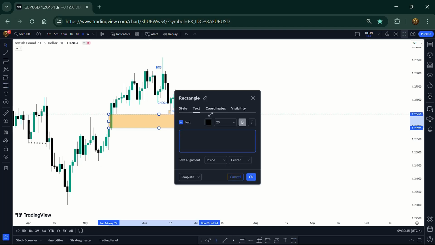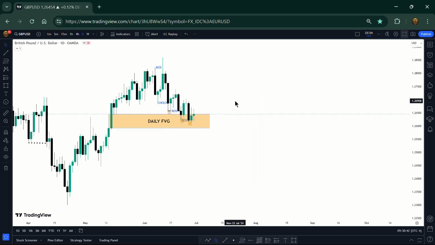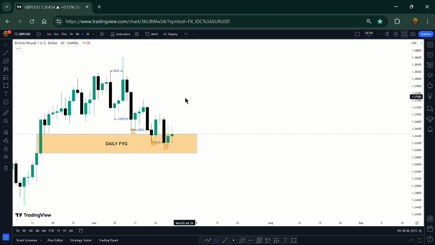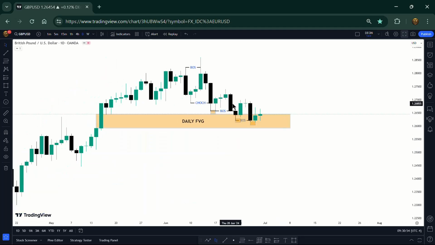Daily fair value gap. On your analysis time frame, at least you have to know where the market is. Okay, the market may be going down, but it's supposed to react to some certain level for it to take out that inducement.